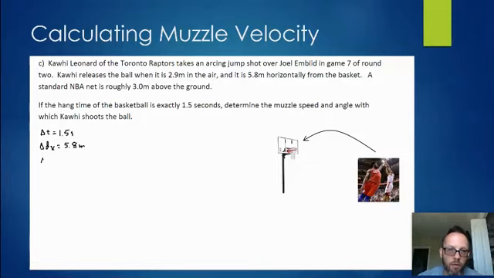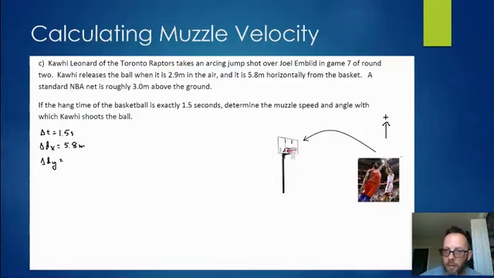And we do know delta dy as well. Now we have to be careful here. Delta dy, the final height of the basket, was 3 meters. Actually, before I give that value, we should choose a direction to be positive. I might choose up to be positive here.